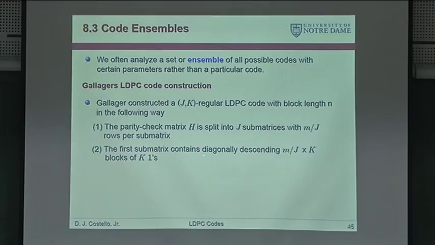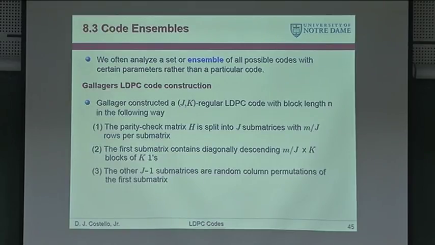The first submatrix contains subblocks of size M over J by K. Each subblock contains K 1s in one of its rows, and then these subblocks are repeated diagonally until we have a set of K 1s in each of the M over J rows. We'll see how this is done in a second.